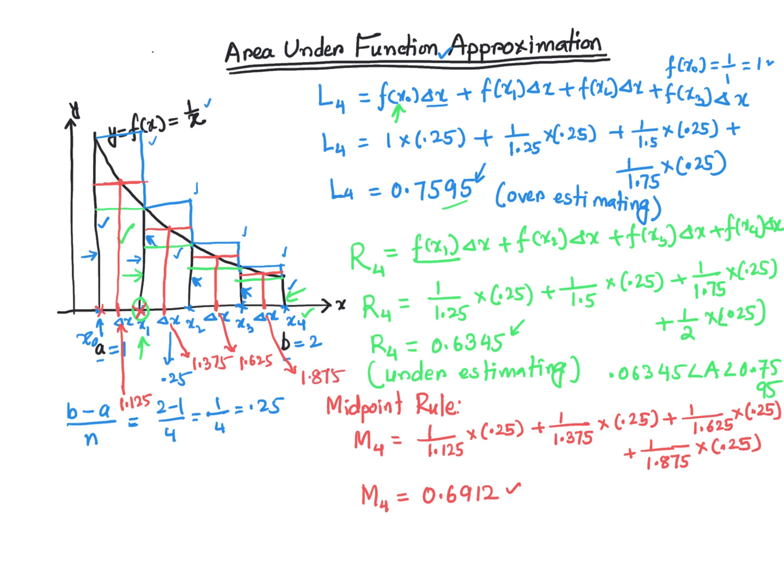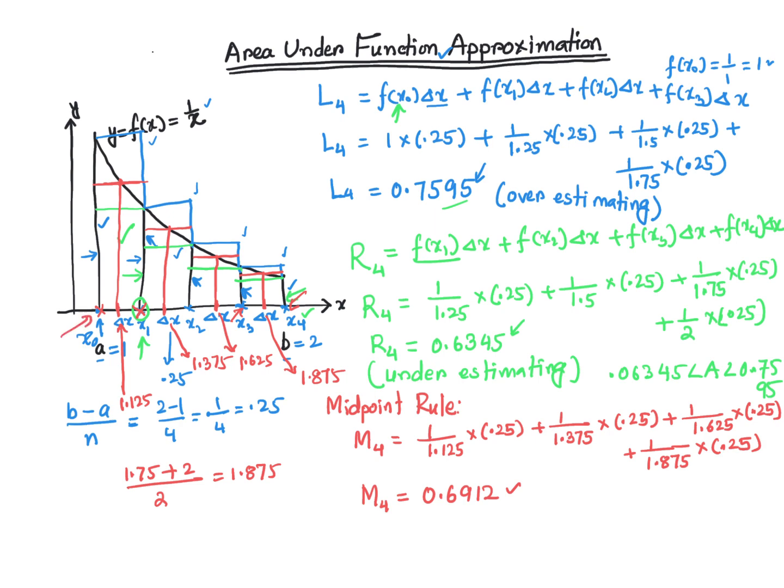Just for example, the last point is 2 and this point is 1.75. So if you add 1.75 with 2 and divide by 2, you're going to get 1.875.